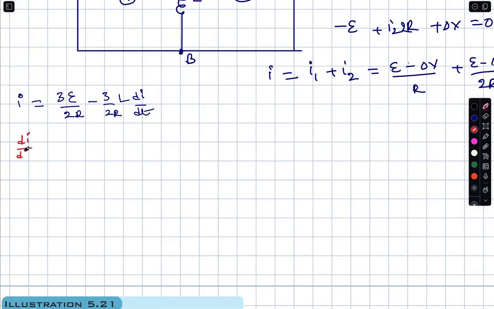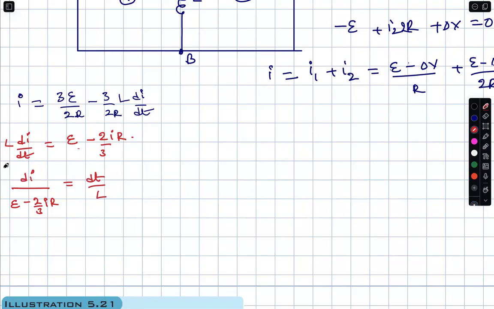L di by dt is E minus 2 by 3 IR. So therefore, di by (E minus 2 by 3 IR) is equal to dt by L.